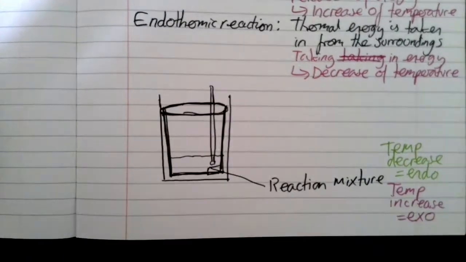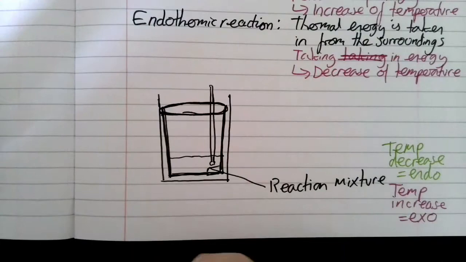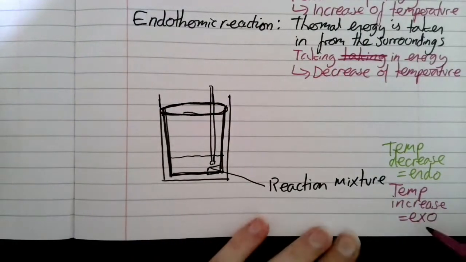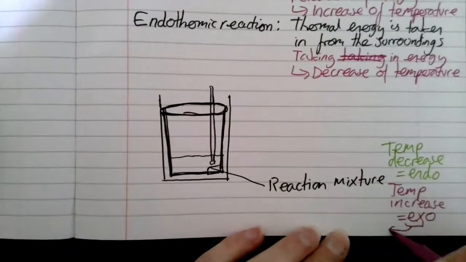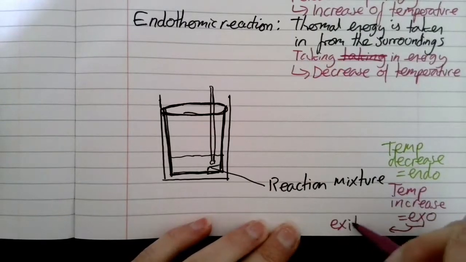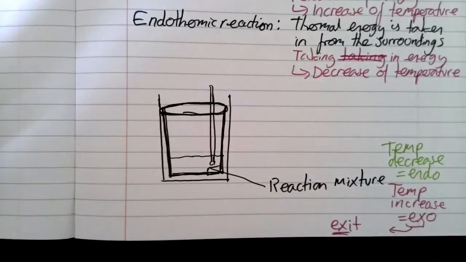The way I always remember the difference between endo and exo is that exo has the X, just like in exit. So I always think of the energy exiting the reaction, it's being released to the surroundings.